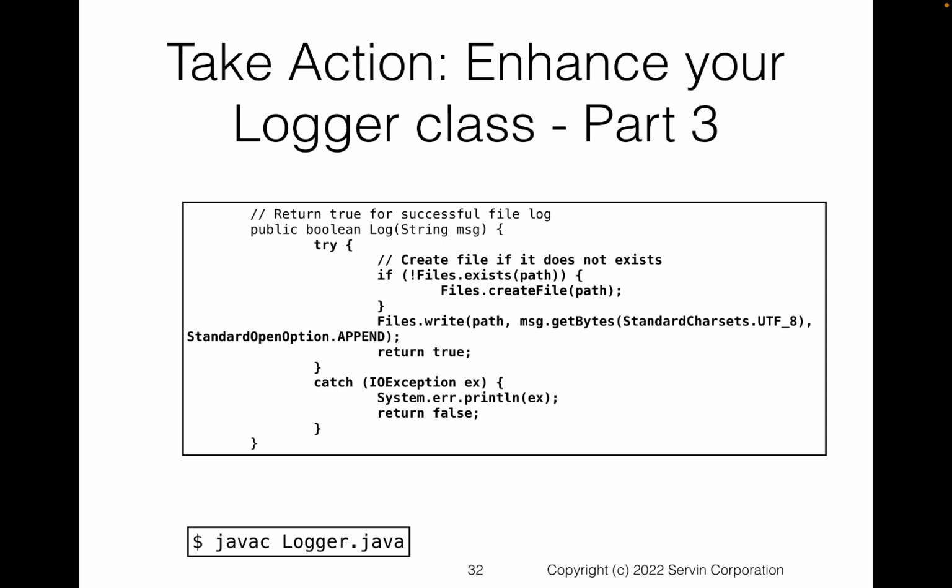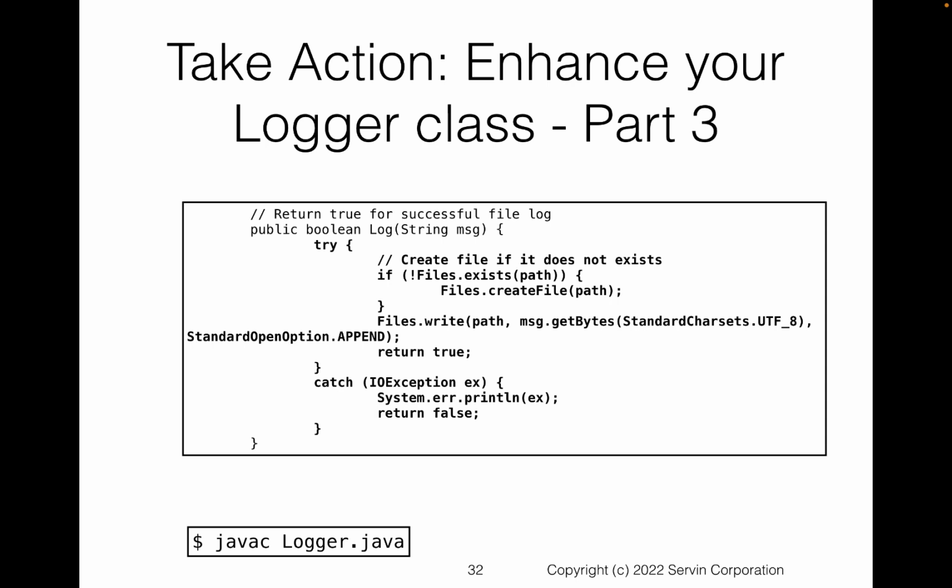Once we've got the file, notice we do a Files.write, and we do a write using that path. We'll take our message that was passed into us, and we get the bytes on that message, and we convert it using the standard character set. UTF-8 is Unicode text format of an 8-bit character set. That's basically the characters that you use on your keyboard.